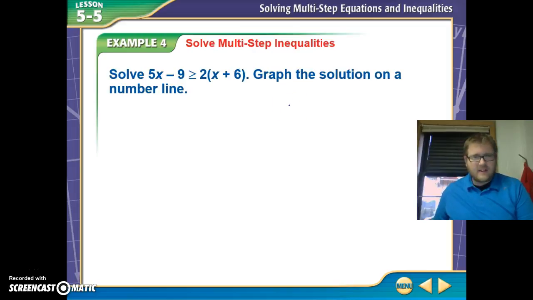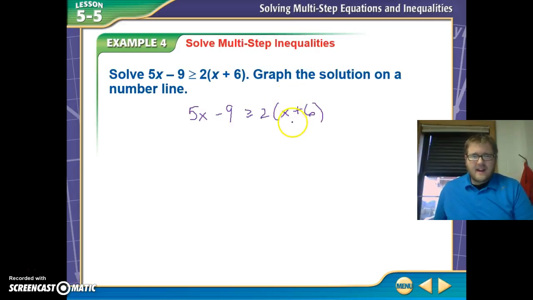And honestly, what I usually try to do is avoid having a negative. So if I get the chance, I try to subtract the smaller number and use that strategy. But we have 5x minus 9 is greater than or equal to 2 times the quantity x plus 6. First thing we want to do is deal with the parentheses.